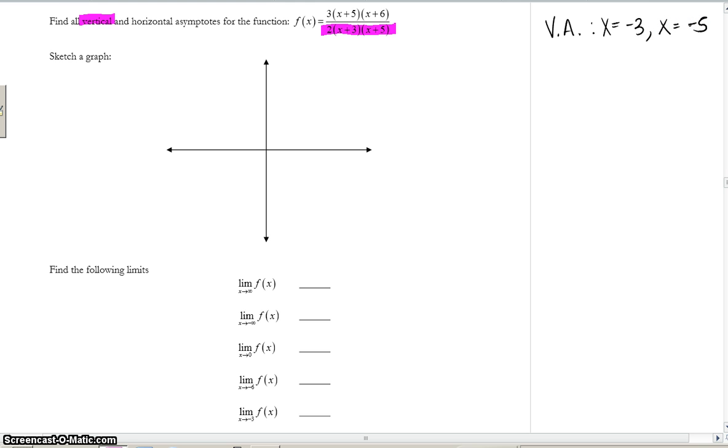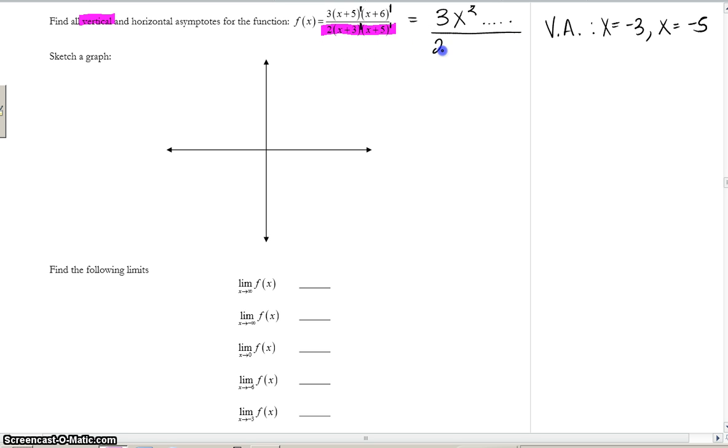Now to find our horizontal asymptote, we have to think about our conditions, right? So we have to find out what our exponents are going to be. Because there's no numbers here, that means there's a little imaginary 1 there. So this looks like our highest degree is going to be a 3x squared, right? And there's more to it, but we only care about our highest degree.